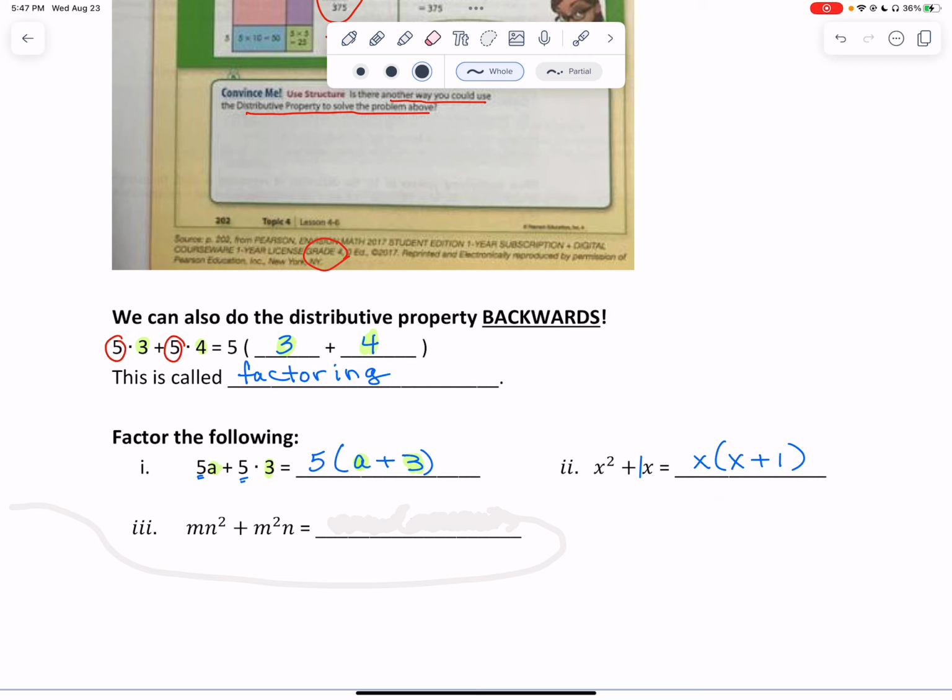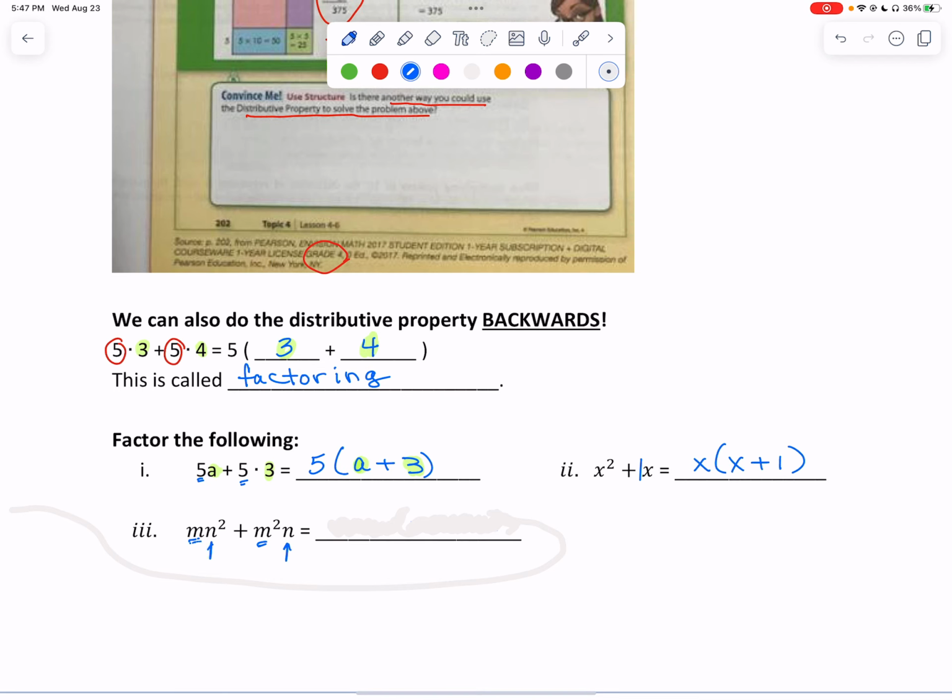This last one. What do those guys have in common? Well, they have an M in common, so I'll put an M out there. And then they have an N in common. So I'm going to put 1M because I only have 1 in common, and 1N because I have only 1N in common. So I put those on the outside. And then I go back through and I figure out what's missing.